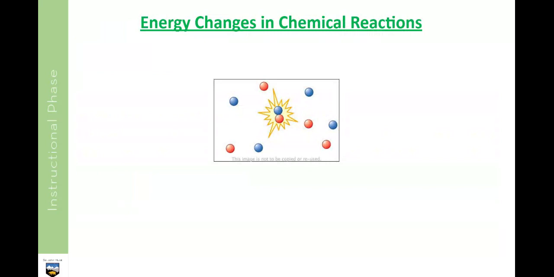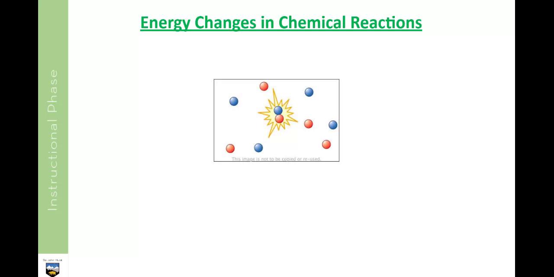So, during chemical reactions, there's always energy changes throughout the reaction. In order for a chemical reaction to take place, remember, the particles that are reacting must collide. Now, they must collide with enough energy.